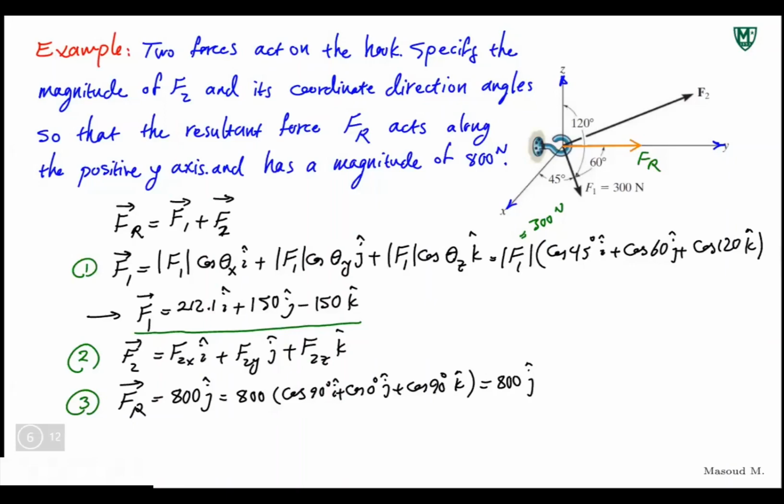Now that you know all these vectors in Cartesian, you are going to form this equation that you started with, right? This equation there. I'm going to put everything together. It's going to give us enough equations to solve for unknowns.